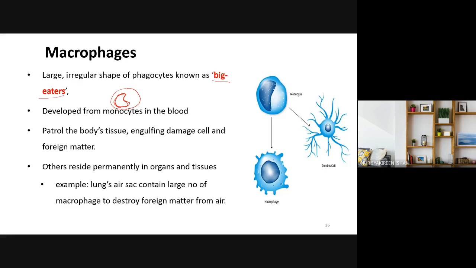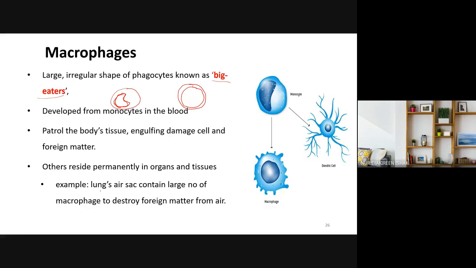Kalau lymphocyte, nucleus dia covers most of its cell. Okay, so developed from monocyte in the blood, they patrol the body's tissue, engulfing damaged cell and also foreign matter. Others reside permanently in organs and tissues.